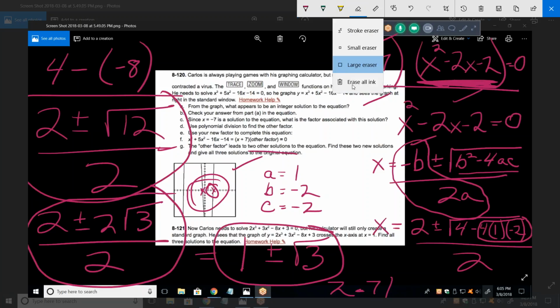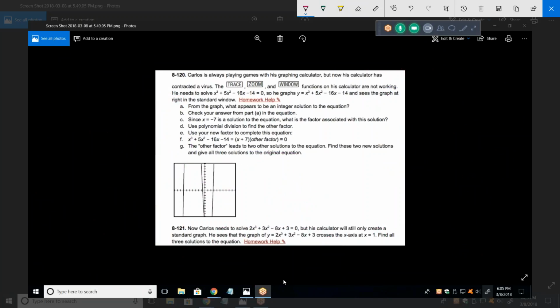That was a lot of work, but it should have been pretty instructive. There's not very many questions that have 7 questions as part of them. And this is a little clever in the fact that they made up this scenario where your trace, zoom, and window don't work, which means you can't zoom out. If you were able to zoom out on this thing, it would probably look like this.